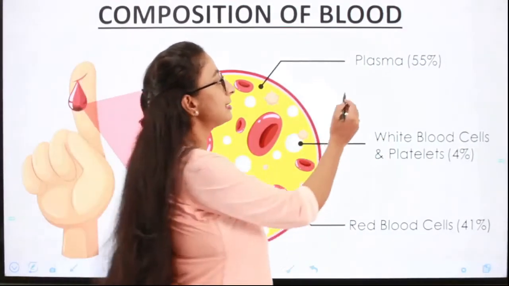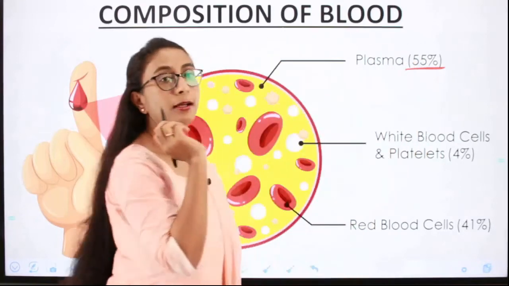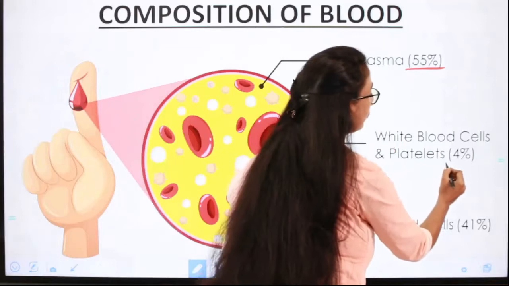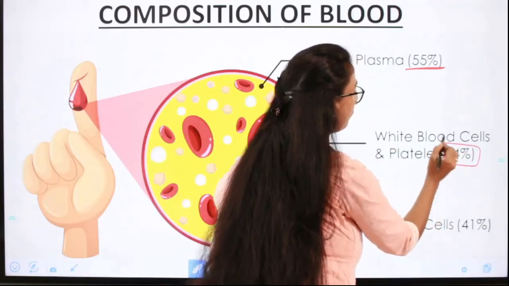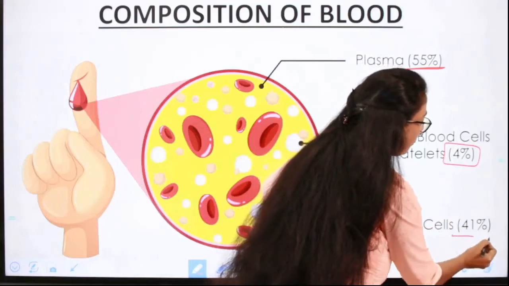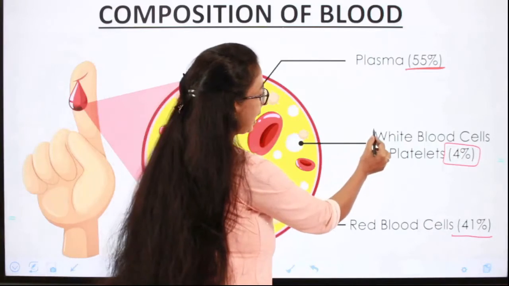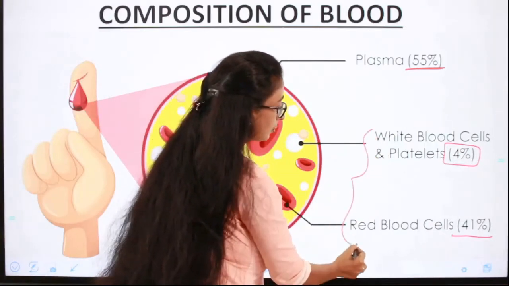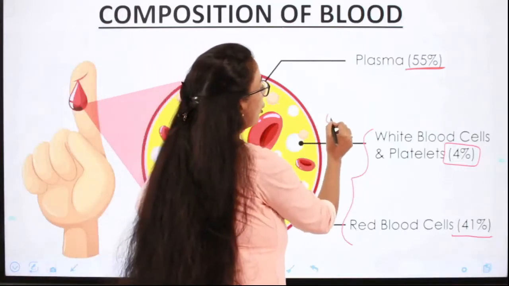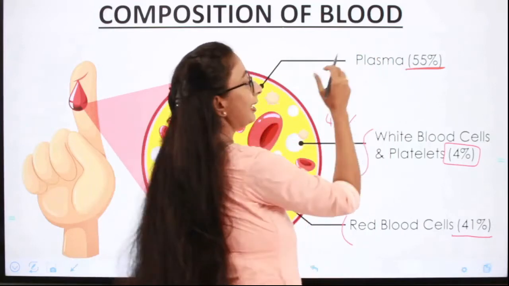Plasma consists of 55% of blood, whereas the white blood cells and platelets form around 4% of blood, and RBCs account for around 41% of blood. So the white blood cells, RBCs and platelets, which together form the formed elements, compose around 45% of blood. The remaining 55% of blood is plasma.